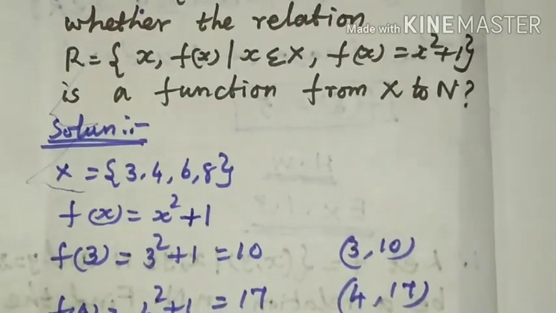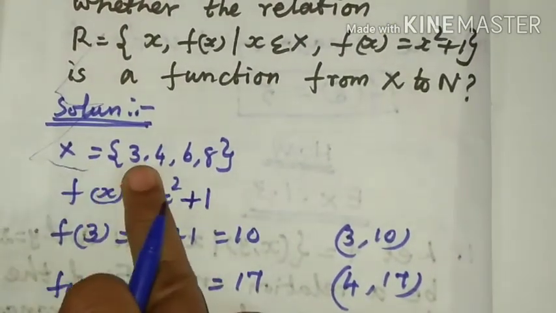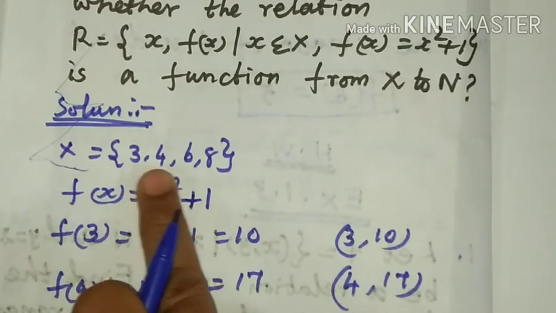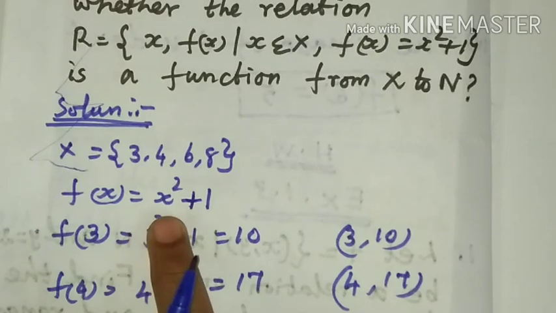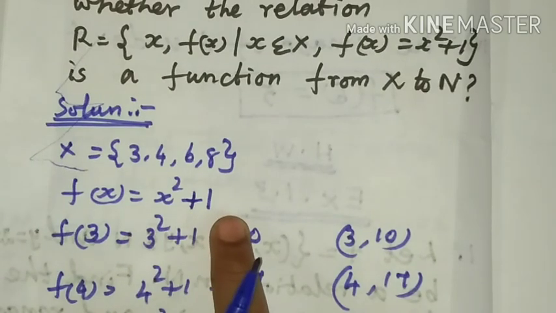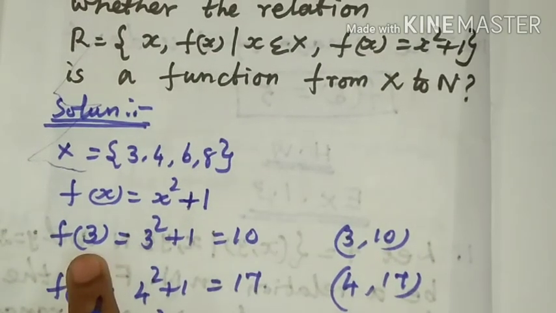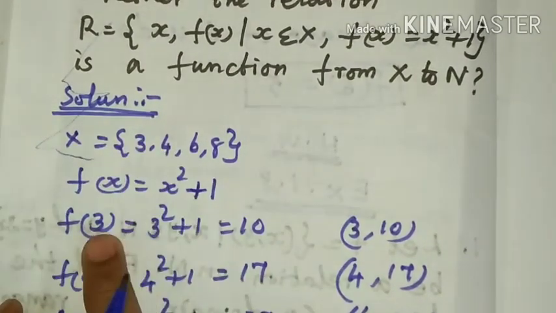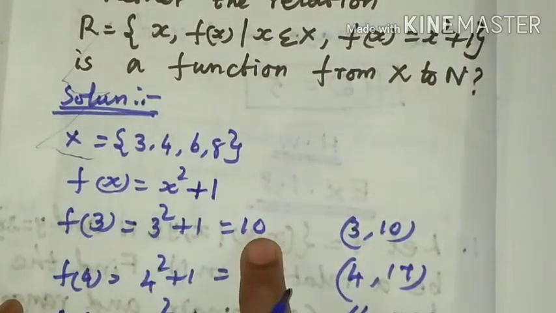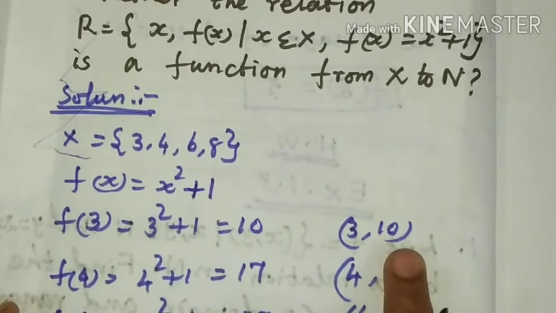See the solution. First you write down the first set X: elements 3, 4, 6, 8. Then the condition f of x equal to x squared plus 1. Then you find the ordered pairs. For the first element 3, f of 3 equal to 10. Then the ordered pair 3 comma 10.